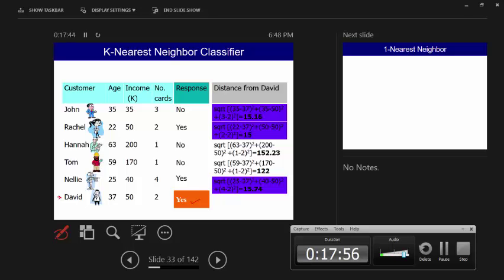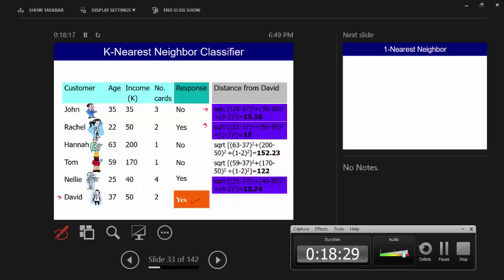Can we pick the best 2 more, so 3 in all including David? That is the question. So we need to compare David with John, David with Rahel, and each person here. This is the calculation.